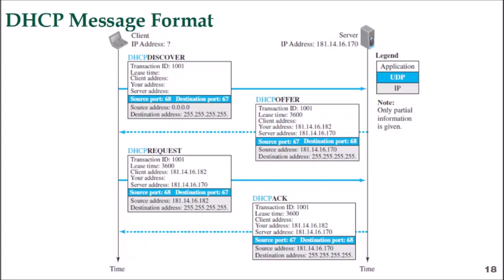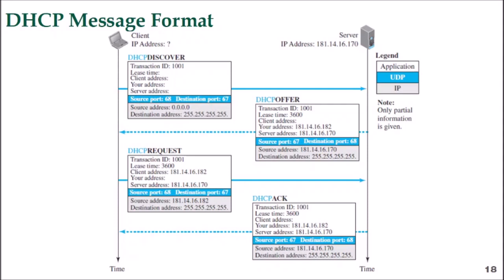Next, the DHCP server or servers respond with a DHCP offer message in which the address field defines the offered IP address for the joining host and the server address field includes the IP address of the server. The message also includes the lease time for which the host can keep the IP address. This message is encapsulated in a user datagram with the same port numbers but in the reverse order.